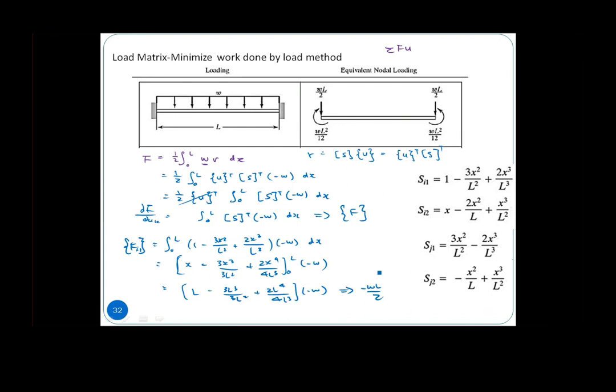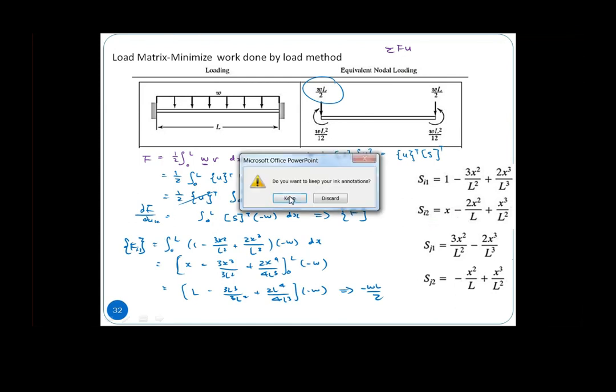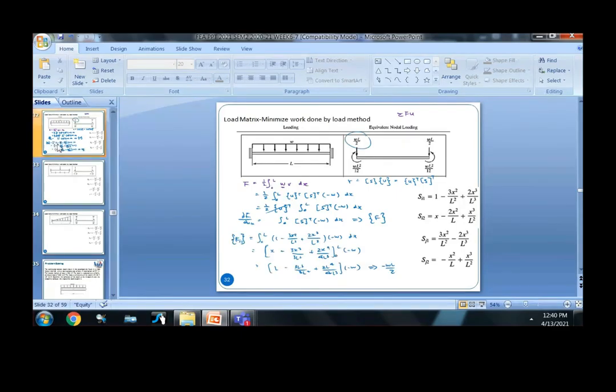That gives us this part. This is for Fi1. If I want to find Fi2, I need to use this. Probably I'll just show you two nodes itself, then you can see the difference.